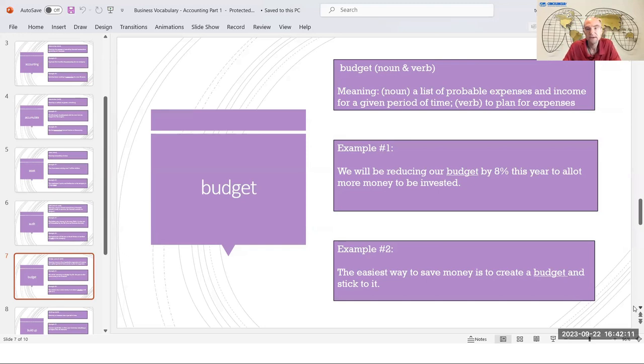So it's the same idea here, is to create this list of probable expenses and stay with that plan, that list of probable expenses, budget.